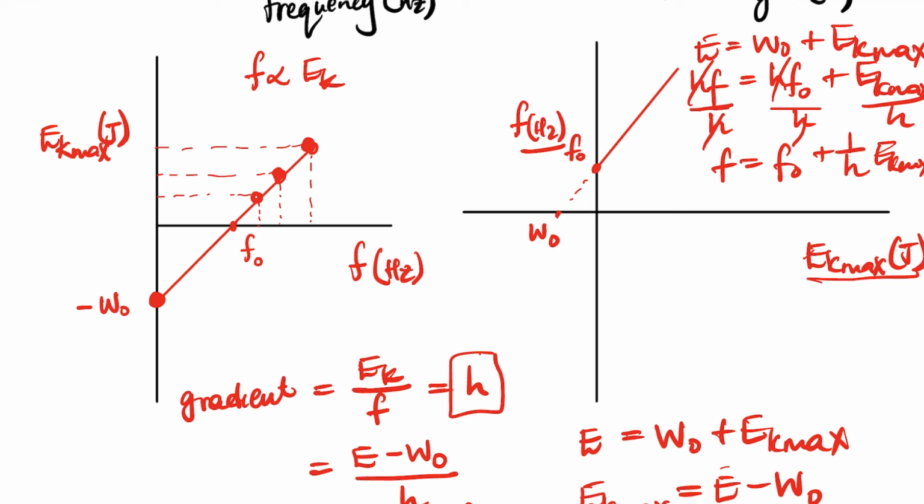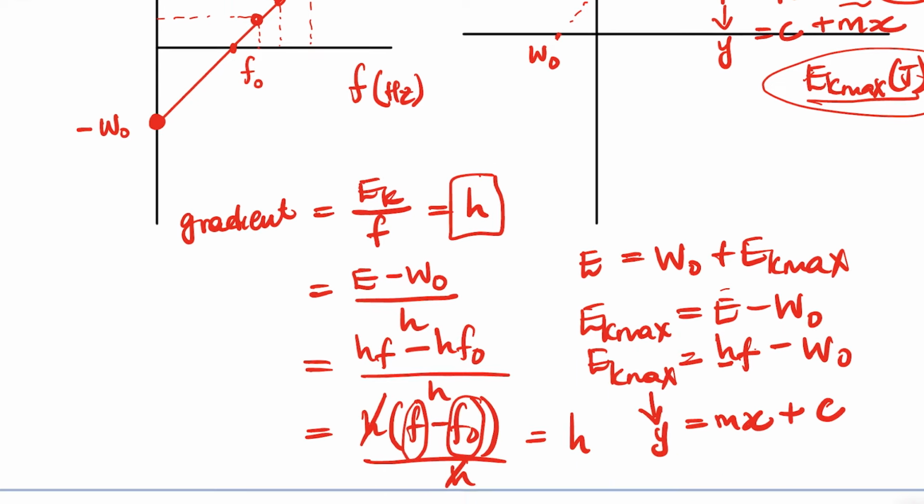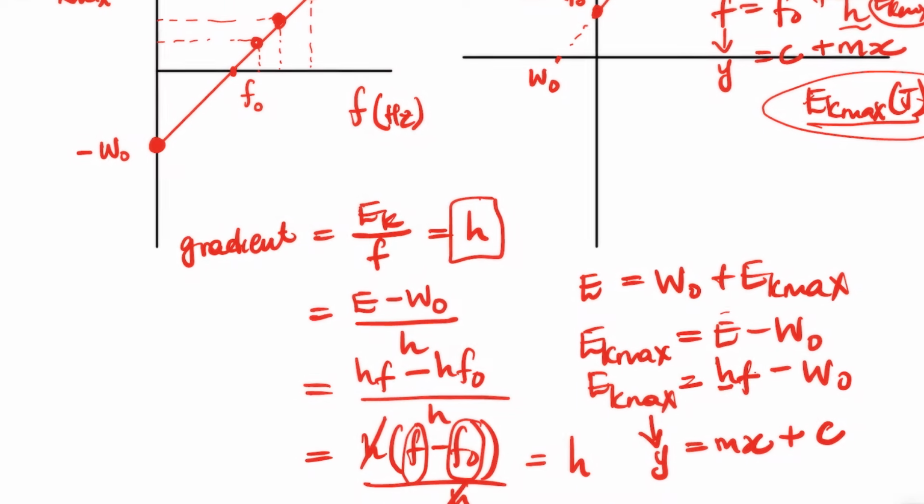If you're looking here, this is your y, and this is where my graph cuts the y-axis, at the threshold frequency. This is my c, and this is my gradient, m, and your kinetic energy is your x there. That's your y equals mx plus c. I hope that makes sense, guys.